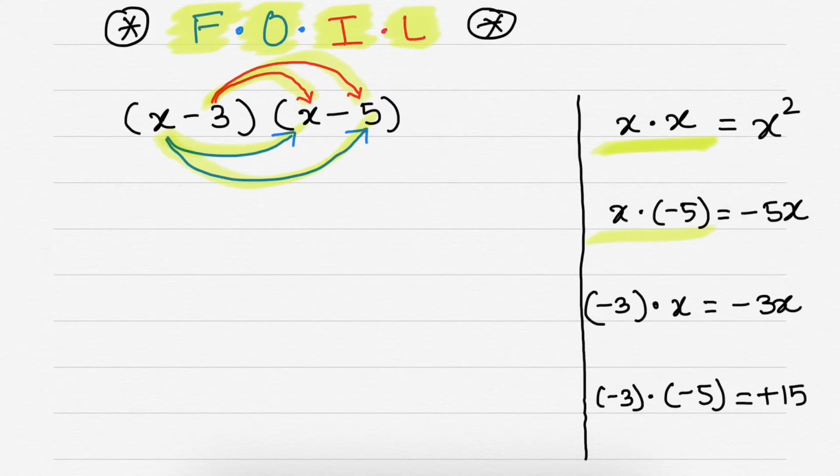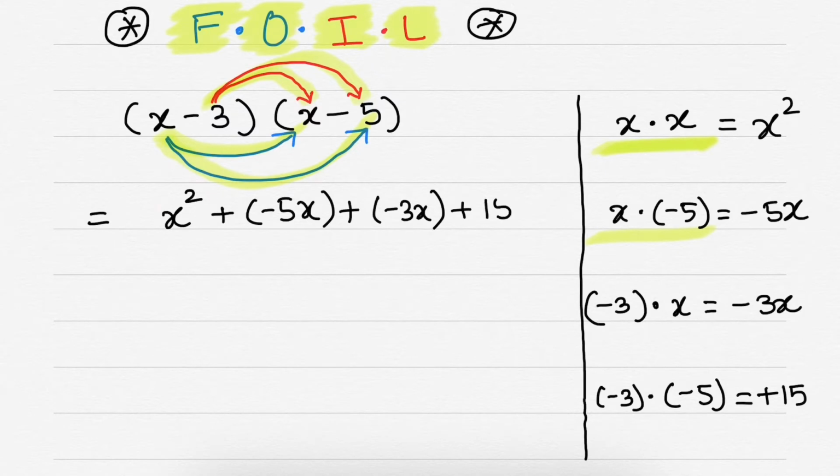So let's rewrite this equation in this form. So x multiplied by x, our first term is x square. Our second term is -5x, then plus -3x, and then plus 15.